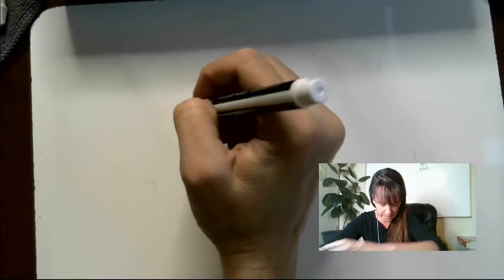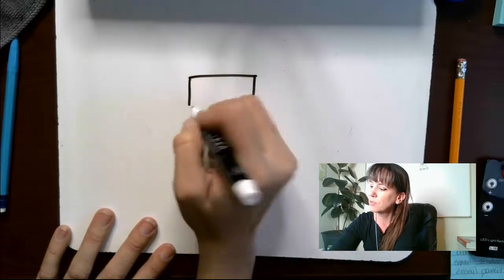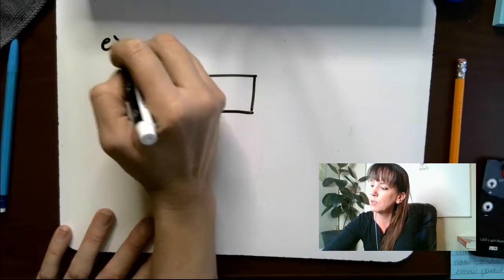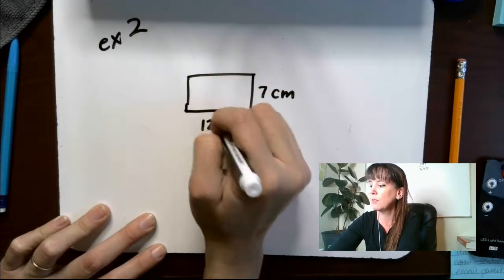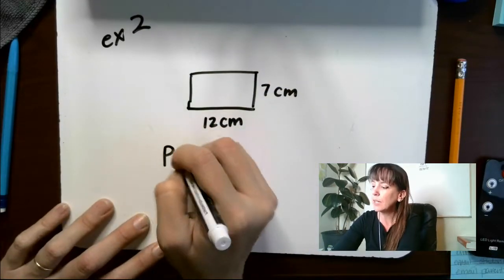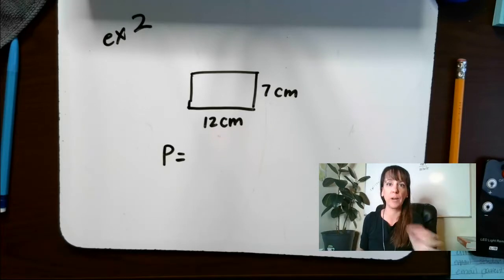That's annoying. It says, find the perimeter of this rectangle in meters. Oh, guys, this is going to be tricky because this is what the perimeter looks like. So definitely write this down. Example 2, and it's 7 centimeters and 12 centimeters. The perimeter equals, add up all the sides, right? Make sure somewhere in your notes it says perimeter is, add up all the sides.